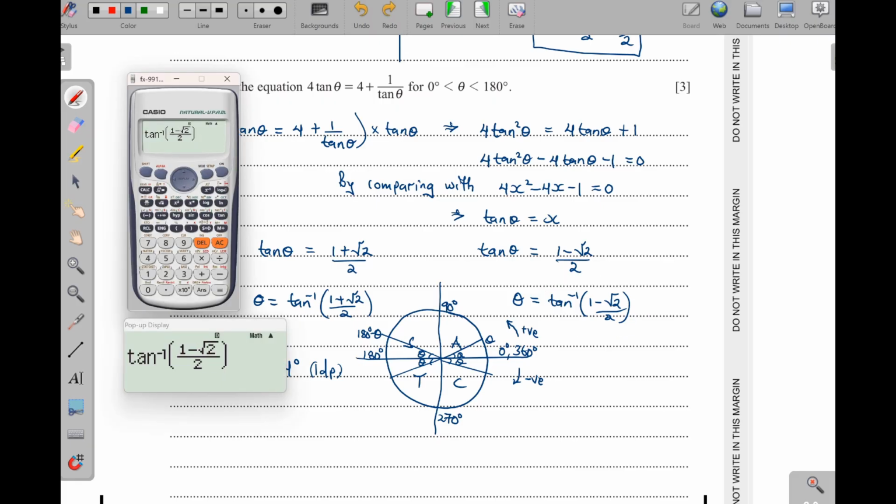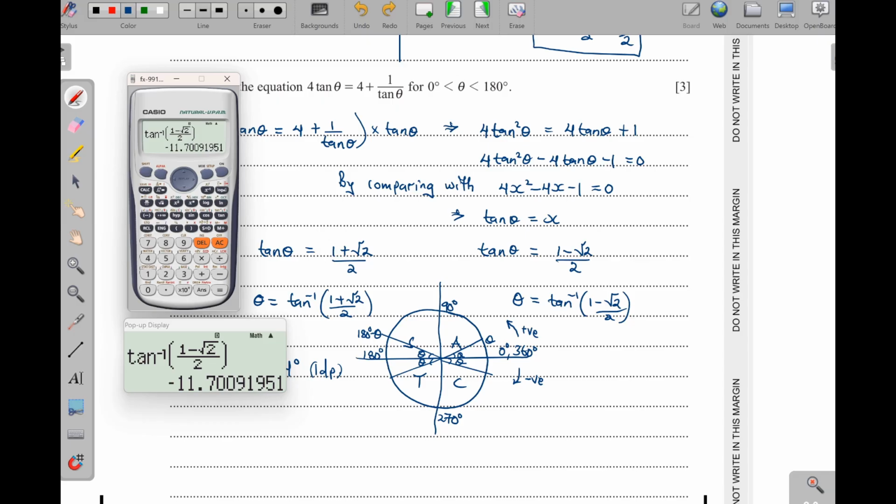But remember, 1 is smaller than root of 2 because root of 2 is 1.414 and the rest of the figures. You get it? So it is going to give us a negative. So when you just put in the calculator arctan of the negative answer, you are going to get a negative answer here. When you get that negative answer, it doesn't fall into our domain here. You see that?